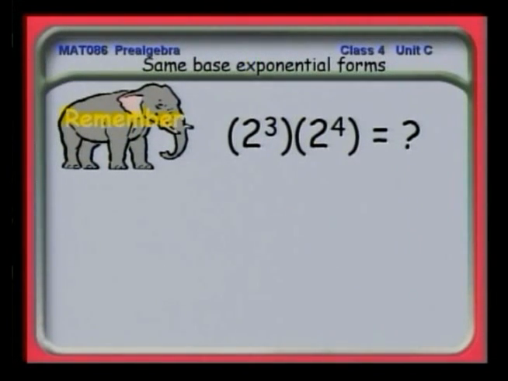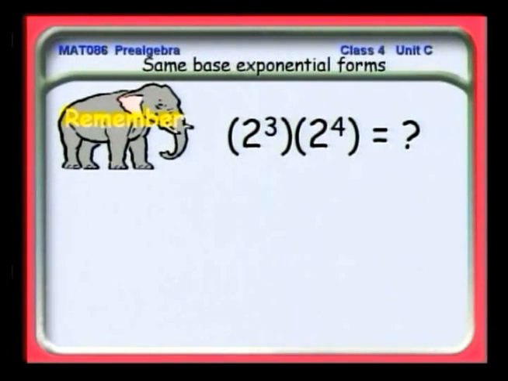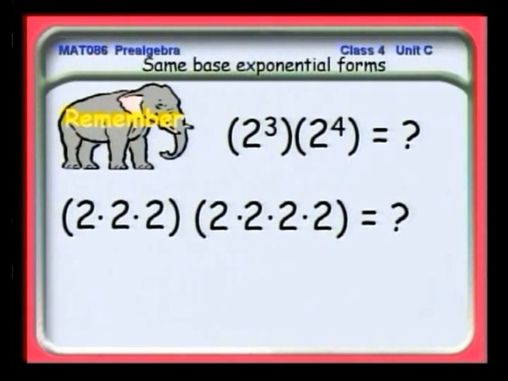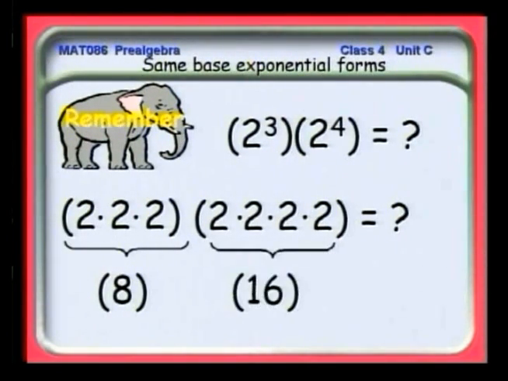We'll move now to some new material, multiplying monomials. To review multiplication of items with exponents, let's look at what we did with numbers. If we have 2 cubed times 2 to the fourth, 2 times 2 times 2 is 8, and 2 times 2 times 2 times 2, or 2 to the fourth, is 16.